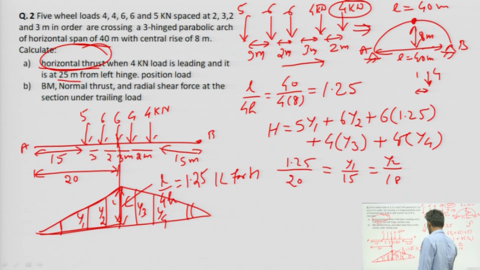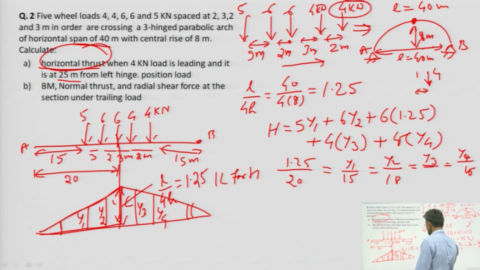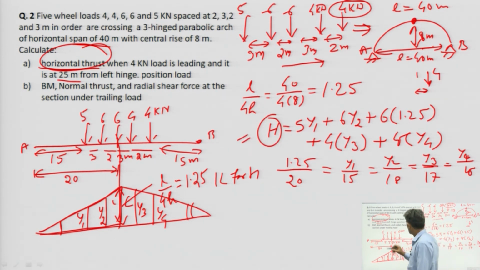Similarly, that equals y 3 divided by 15 and y 4 divided by 17. So, y 1, y 2, y 3, y 4 can be calculated, and putting these we will get the value of H.